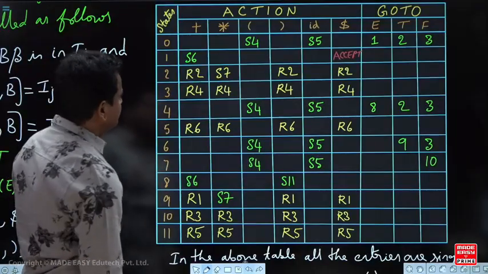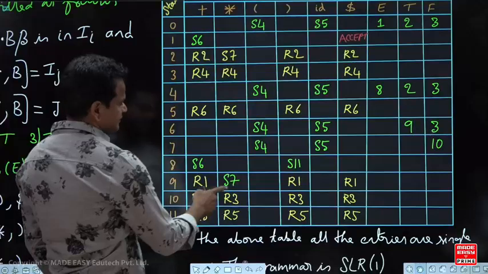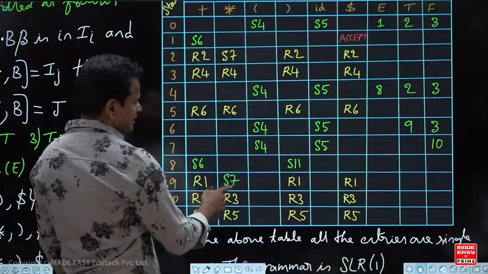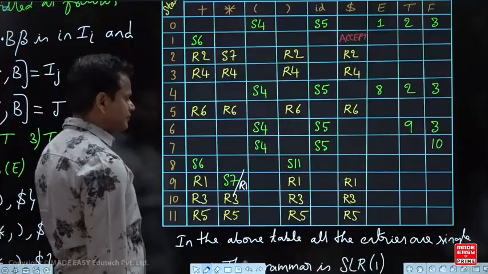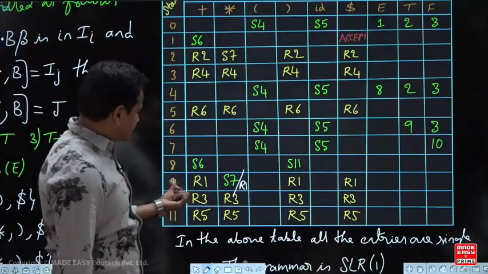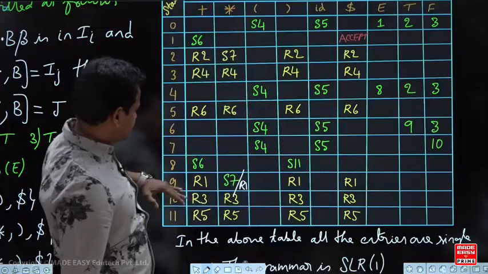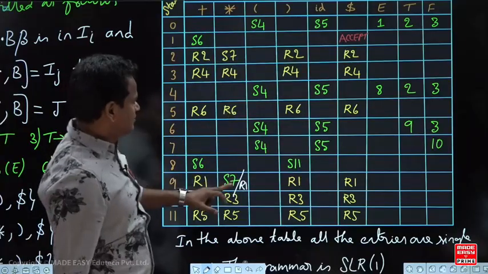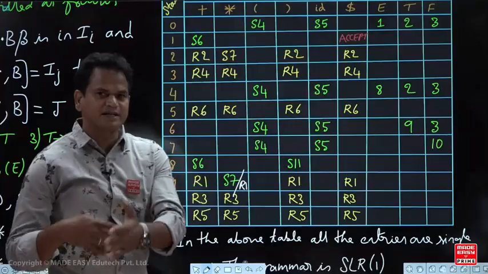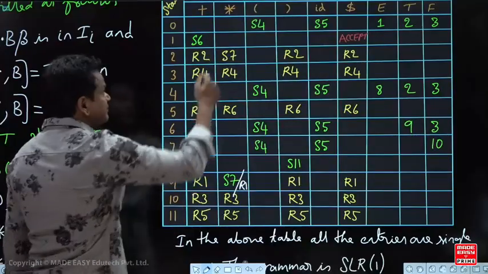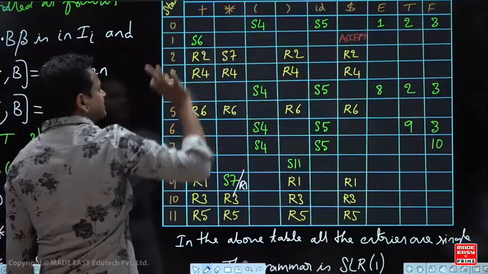For example, here we have shift 7, and in this box suppose we also get a reduce. So when the parser is parsing the input string and 9 comma star comes, the top of the stack is state 9 and the input buffer has a star.